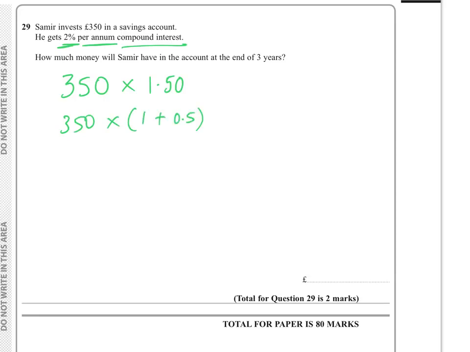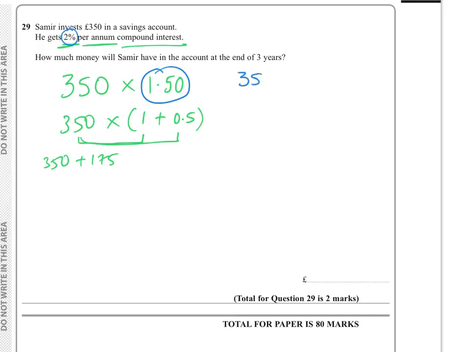And you should know, and you can use your calculator for this if you want, that if you times 350 by the 1, you'd get 350. And then if you did 350 by a half, that's half of 350, which is 175. So that would have the effect of adding 50% to the original amount. We only want to add 2% to it.